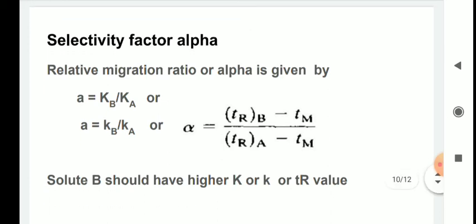Solute B in this case should have a higher K value, or small k value, or higher TR value. Otherwise the alpha value will turn out to be less than 1, and you cannot judge the selectivity factor if the alpha value is less than 1.